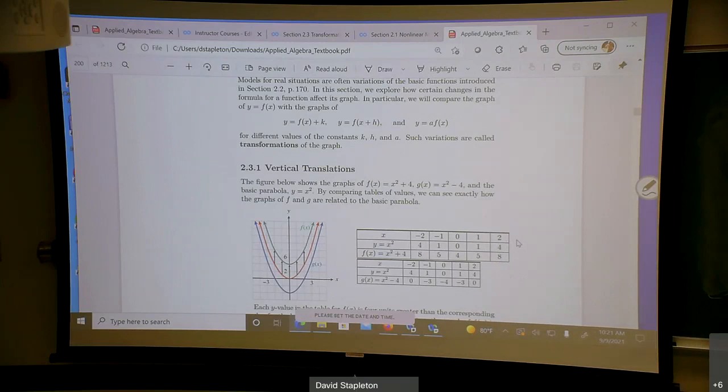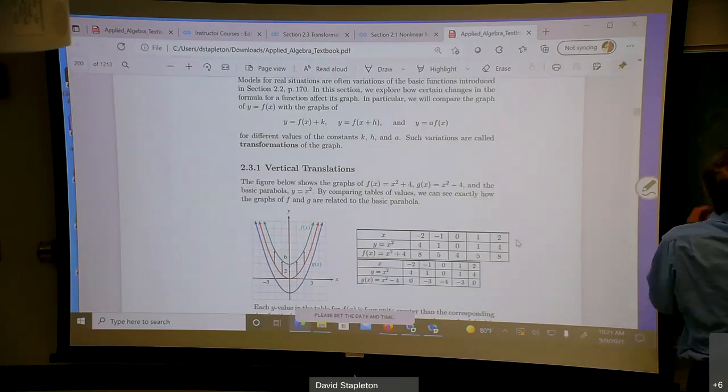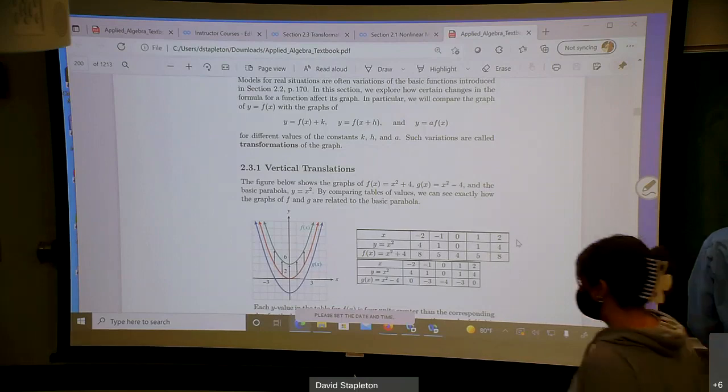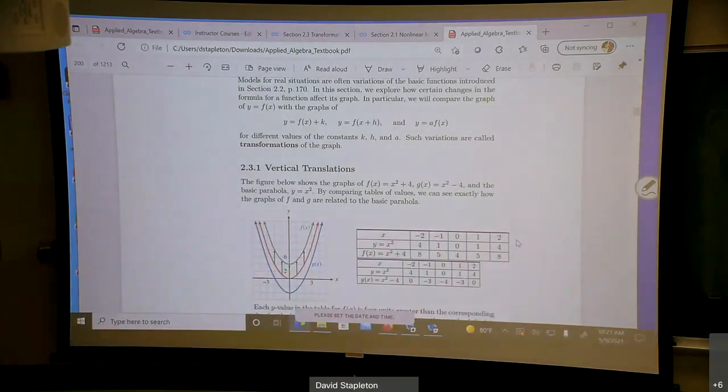Then, slightly harder. The graph of y equals f of x plus h.